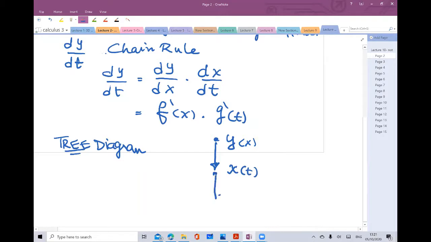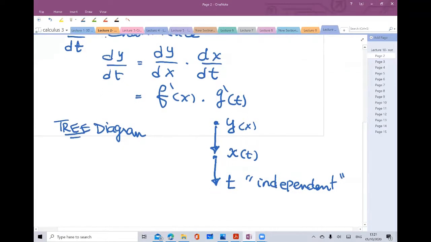Then I end up with the independent variable t, where the last node in my tree is usually the independent variable. When I apply the derivative from node to node, from y to x, this is f prime of x, or dy by dx. From x to t, I have dx by dt.